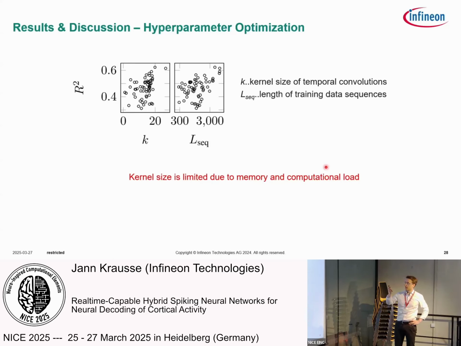And second, as you can see in the right graph here, increasing the sequence length of the training data also has a very good influence. We are not quite sure where that ends because we couldn't afford to have very long sequences. Just to explain that quickly, those recordings in the data set are about 6 minutes long. You can break that down into several samples and then batch them and train on batches. What you could also do is just have a very long single sample and train on that.